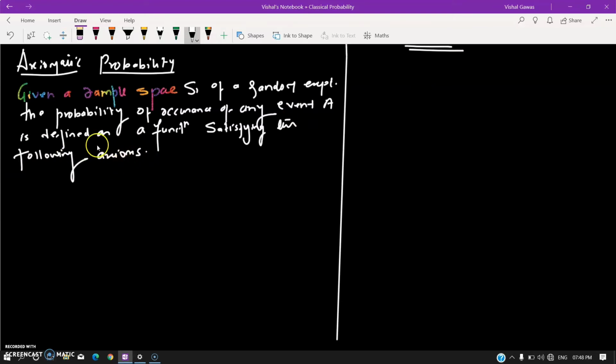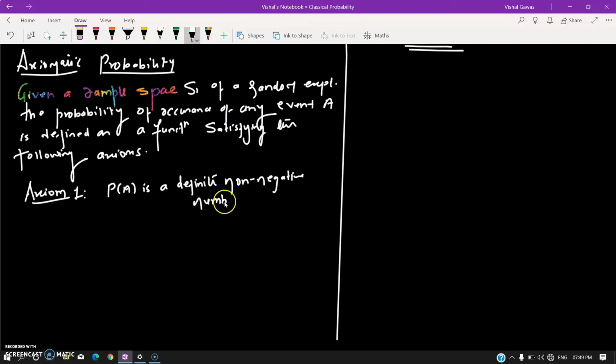Let's see what axioms it satisfies. So this function P is a probability function, right? It satisfies the following axioms. Axiom 1 says that the probability of any event is a definite non-negative number.